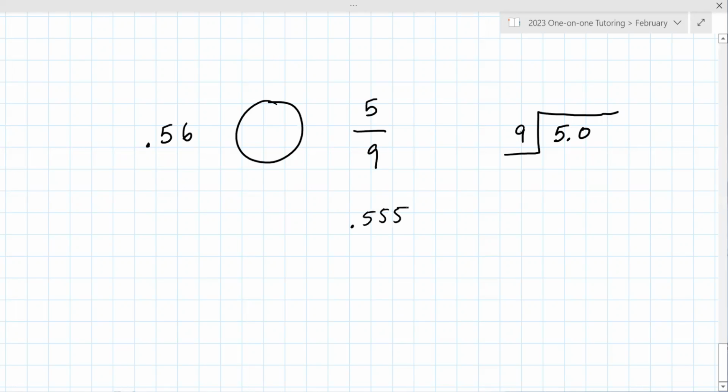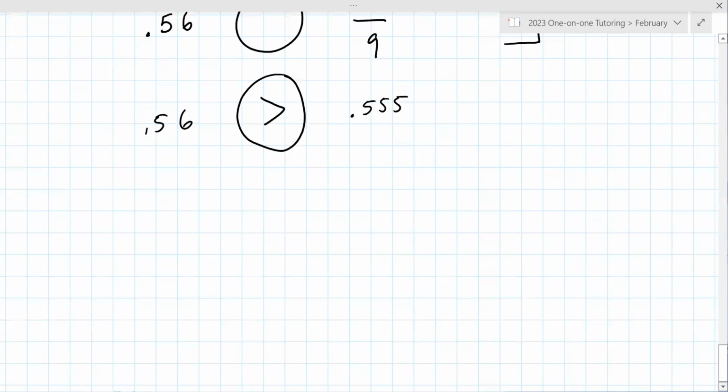Yes, so it's 0.55 repeating. How does that compare to 0.56? 0.56 would be technically a little larger. That's right. Very good. Let's have you try another one here.